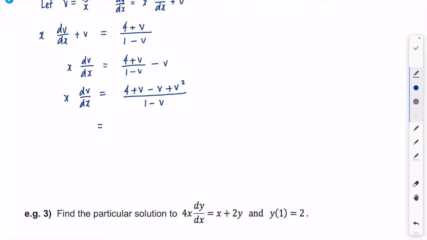What do we have here? So 4 plus v squared over 1 minus v. And then I've got x on the other side, and all the v's are on the right now. So I can do variable separation, and that means I'm going to have 1 minus v over v squared plus 4 dv on this side, and then I'm going to have 1 over x dx on the right side.